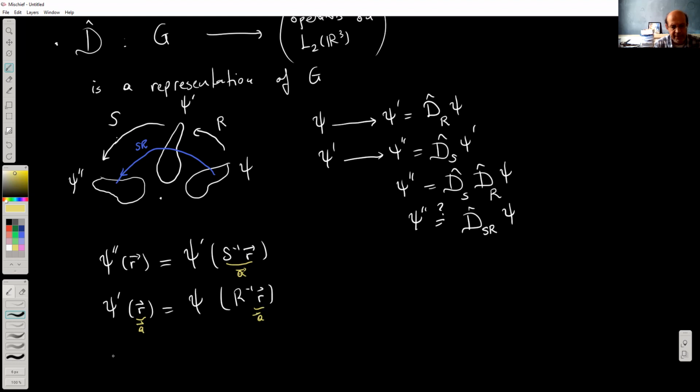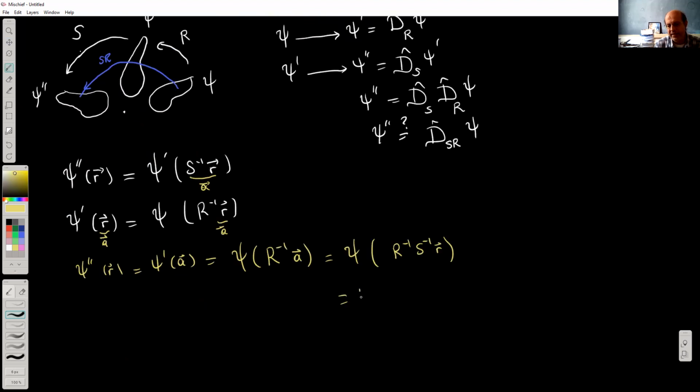So I know that psi double prime of R is equal to psi prime of A. But I know that psi prime of A is given by this formula. So that's psi of R minus 1 applied on A. But now I write the value of A in here. So therefore, this is psi of R minus 1 of S minus 1 of R. But I also know that this is the product of two inverses.